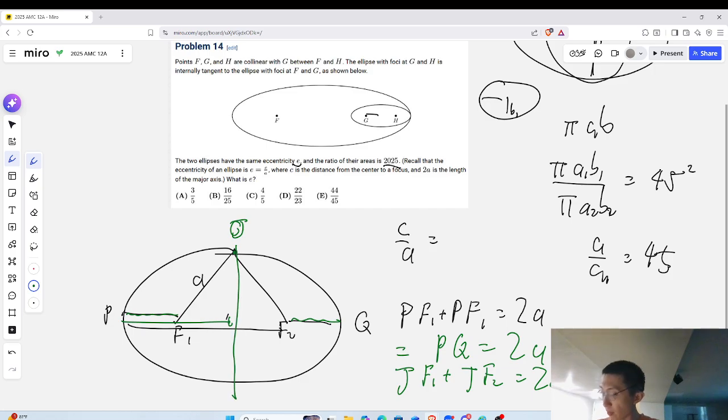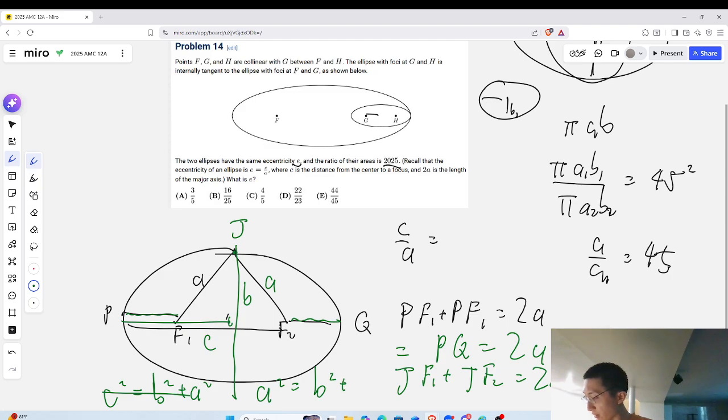Since the ellipse is symmetric, both of these must therefore be A. So JF1 and JF2 are both A. Since this is B and this is C, A squared equals B squared plus C squared.